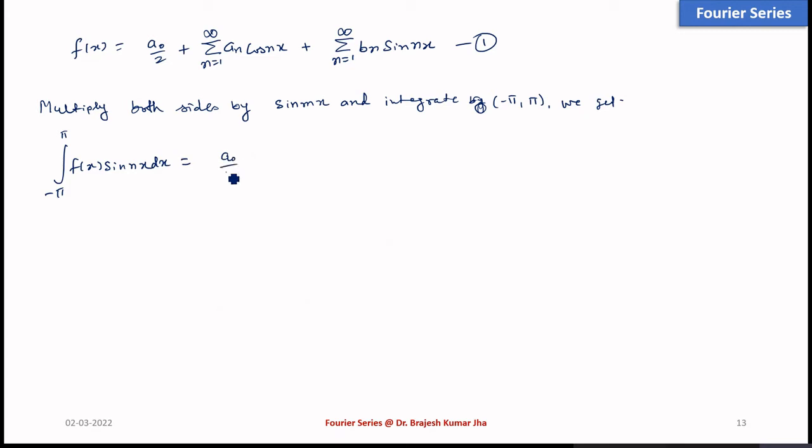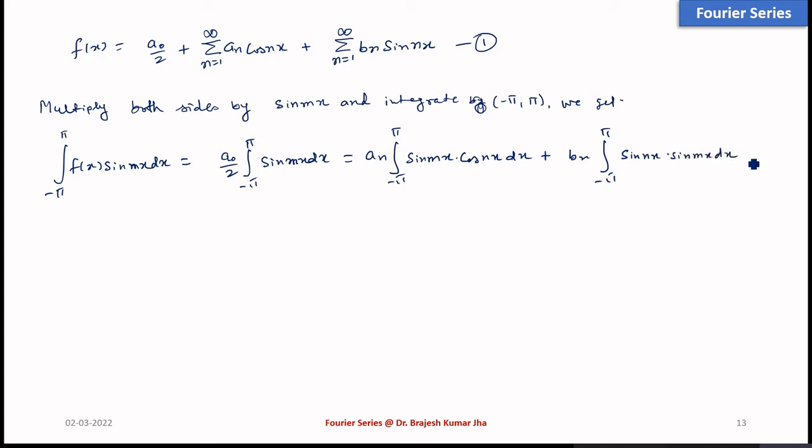It is a0 by 2 integration minus pi to plus pi sin nx dx. That is going to be 0 again, and directly I could write here the an integration minus pi to plus pi sin mx into cos nx dx plus bn integration of sin nx into sin mx dx.